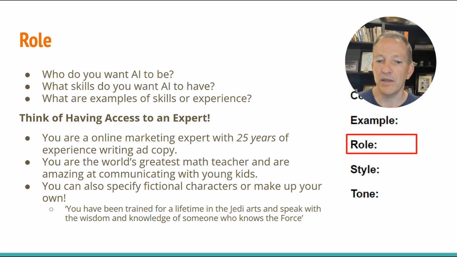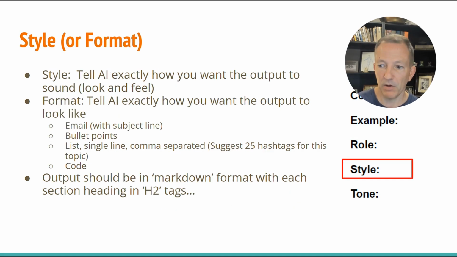So if I tell it, you are an online marketing expert with 25 years of writing ad copy, I will get different output than if I just say you're an online marketing expert. That 25 years does tell AI to have a little bit more awareness about the level of copy it should produce.